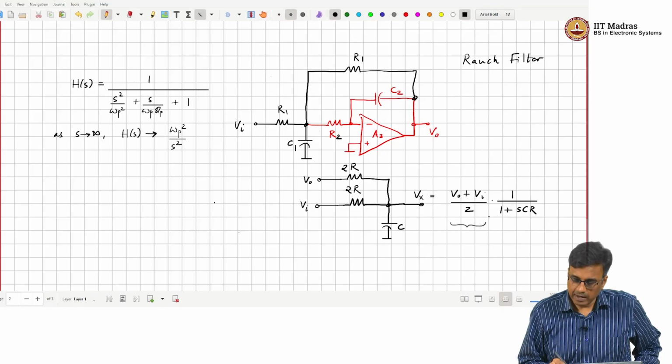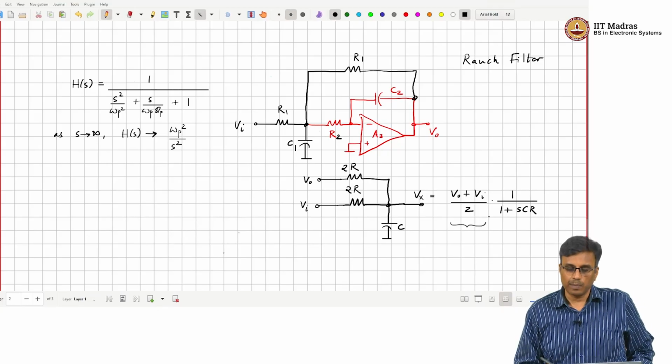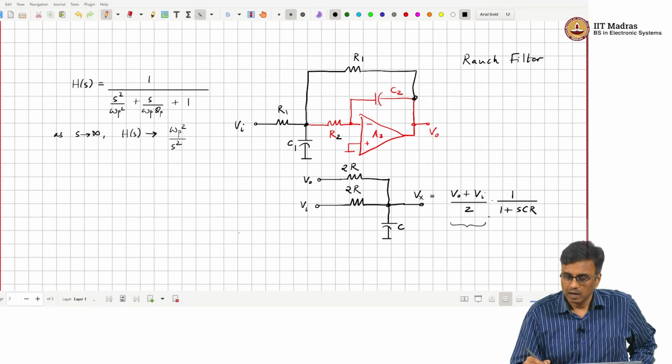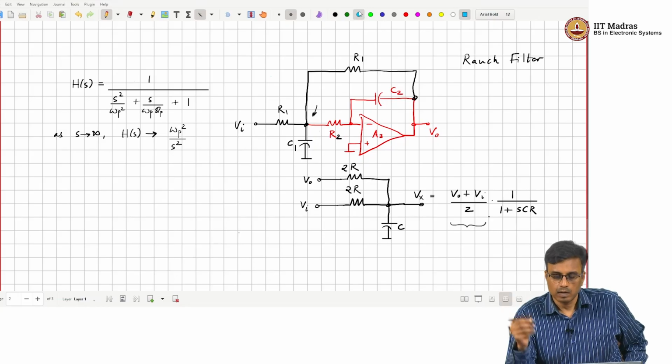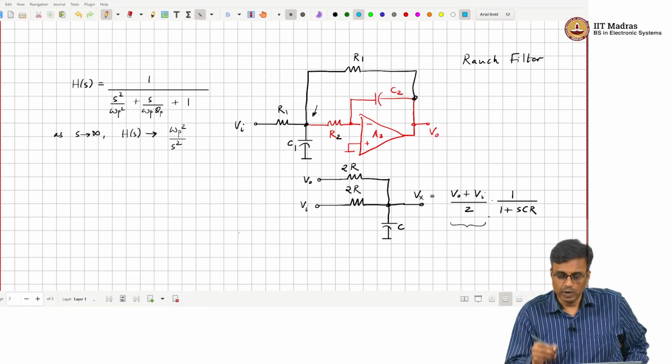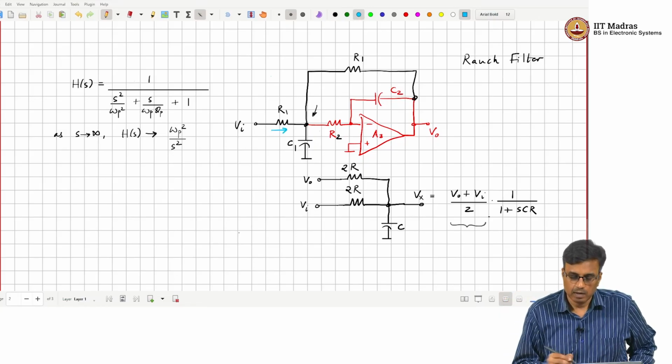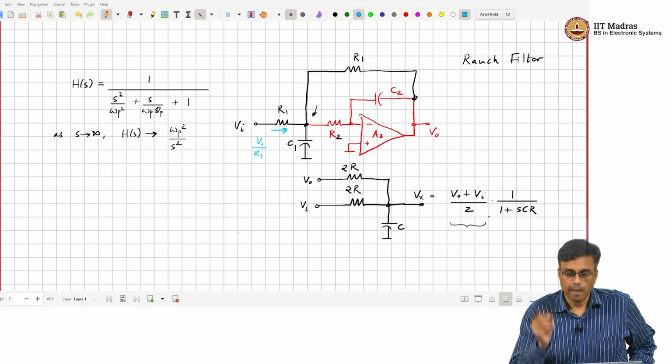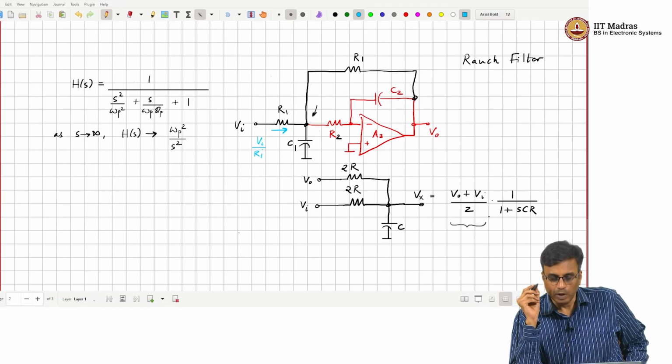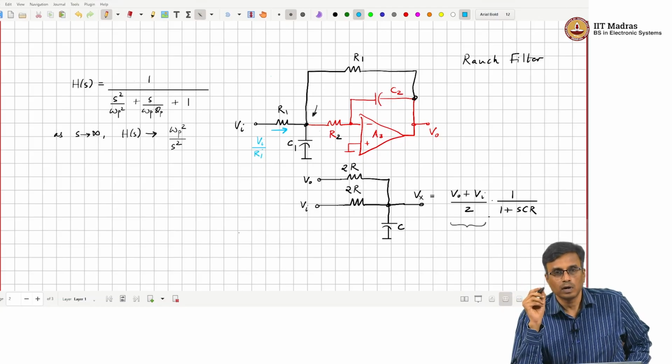Now let us stare at this picture and see what happens at high frequency. What comment can you make about this voltage? It is very small. So what is this current? Vi over R1. Now all that current, where will it flow?